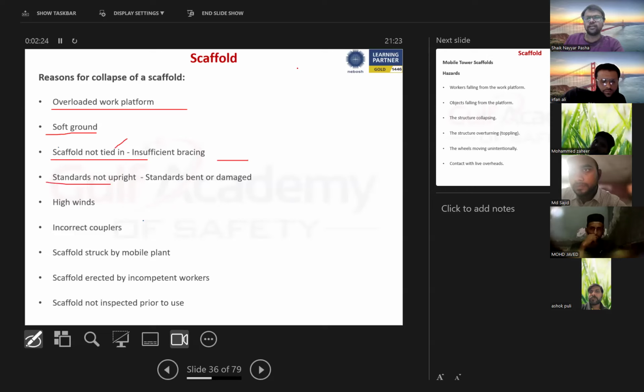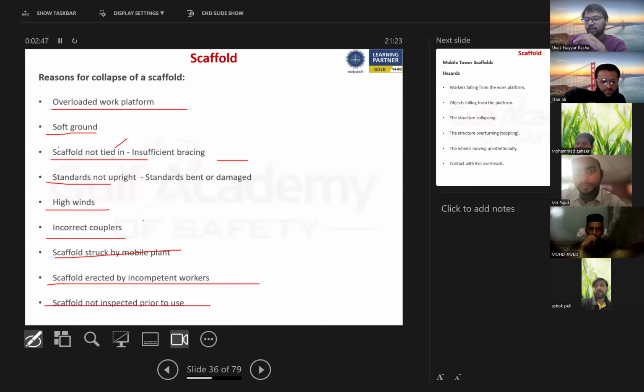The vertical tubes that you are using are not standard, they are bent or damaged because of extreme weather conditions, incorrect couplers being used, scaffolding struck by, as you said, yes, Sajid, a truck or a crane or a JCB in the construction site. Again, the entire scaffolding could collapse. Scaffolding erected by incompetent people and scaffolding not inspected before use. So these are all the common reasons why there could be a collapse of a scaffolding.